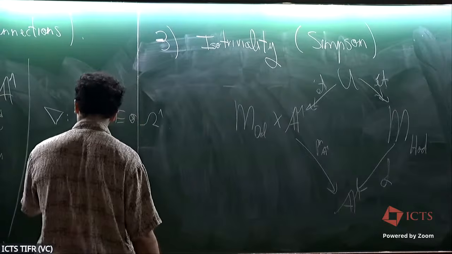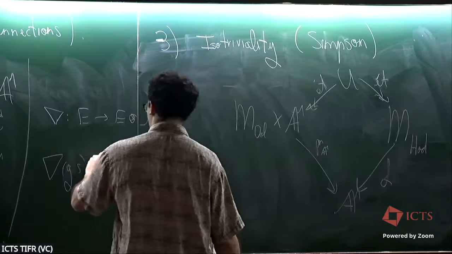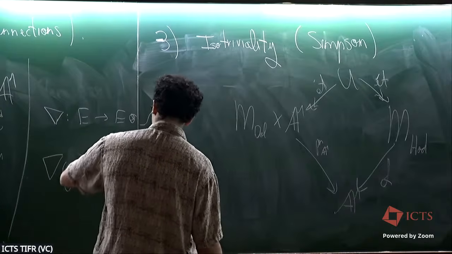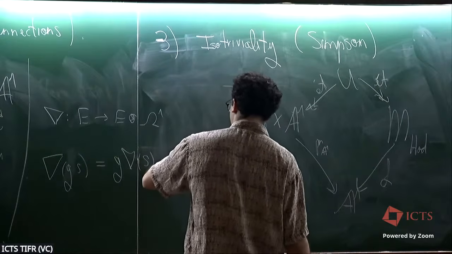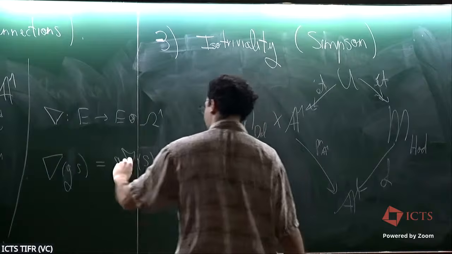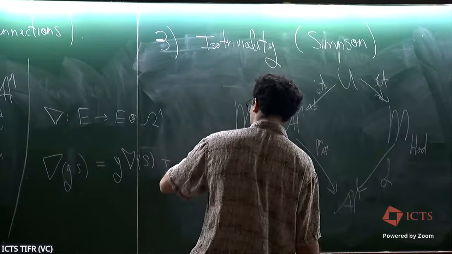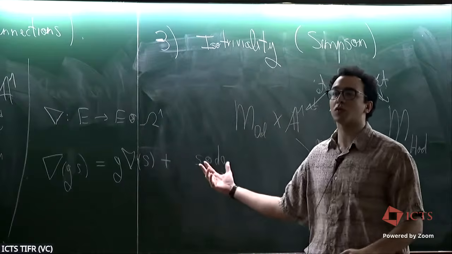So if I have a function g and a section s, this is going to be g times lambda s plus dg times s. So this is what the Leibniz rule for a connection is.